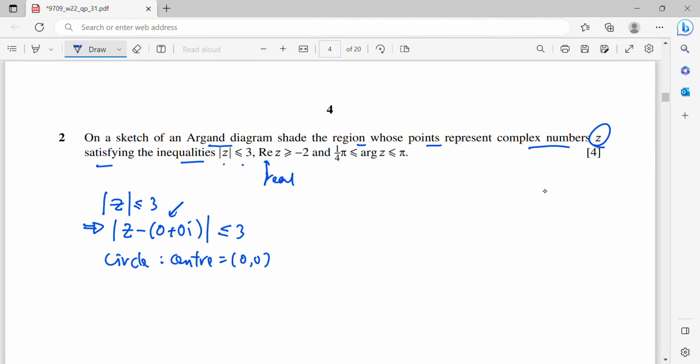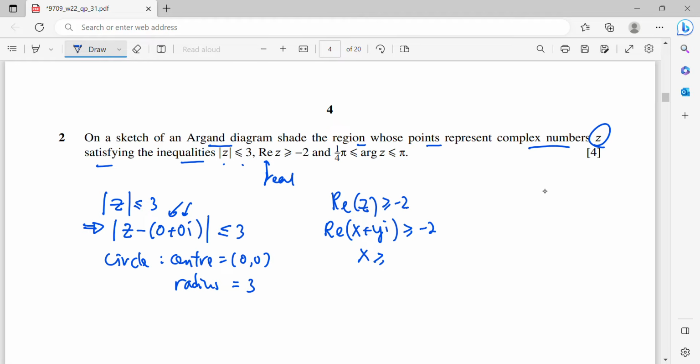Here is the coordinates of the center, and then the radius is going to be 3. Right? So for Re z squared equals to minus 2, we will let z be x plus yi. So the Re is the real part, which means it is x.